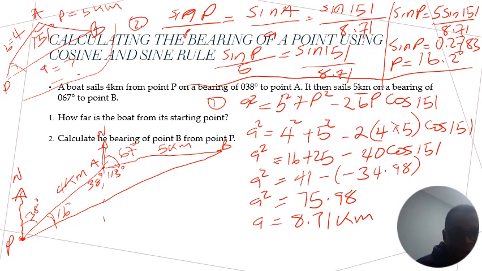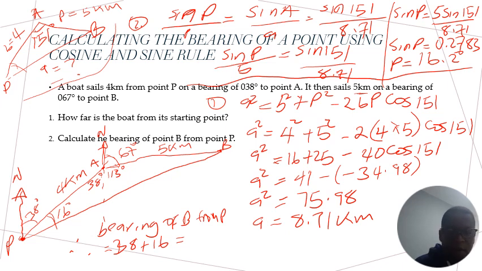So the bearing is the whole of that. Therefore, we can say the bearing of B from P will be equal to, it's north, that angle south, so it's going to be 38 plus 16, that will give you 54 degrees.